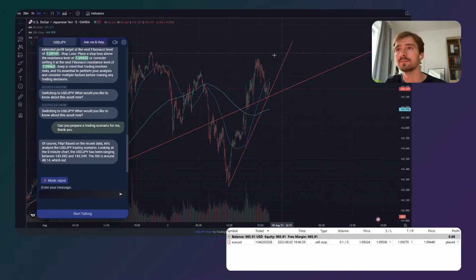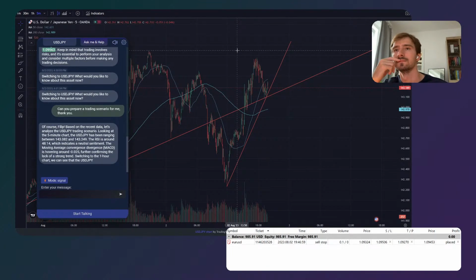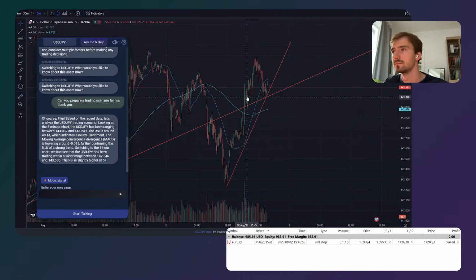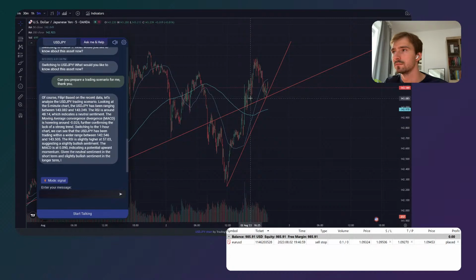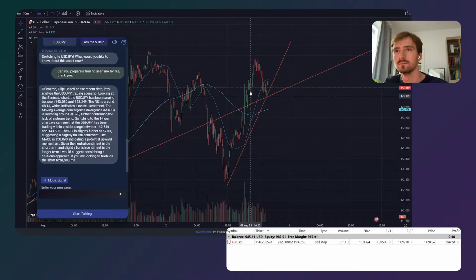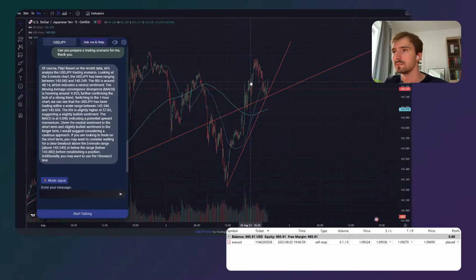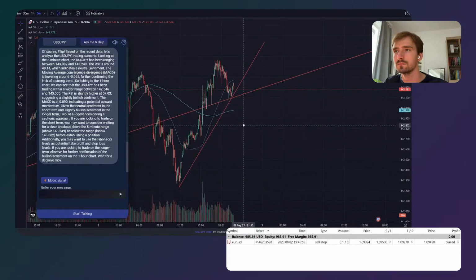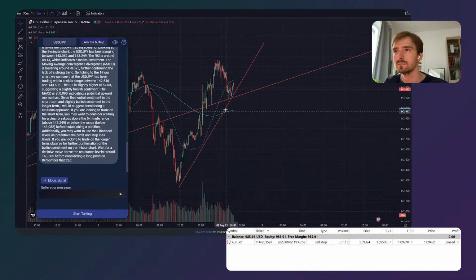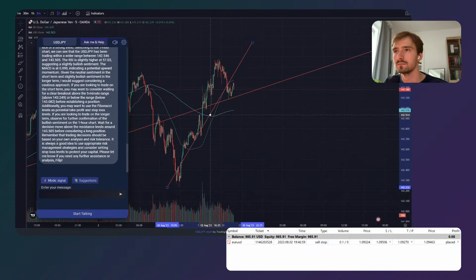Of course, Philip. Based on the recent data, let's analyze the USD JPY trading scenario. Looking at the 5-minute chart, the USD JPY has been ranging between 143.082 and 143.249. The RSI is around 48.14, which indicates a neutral sentiment. The MACD is hovering around -0.025, further confirming the lack of a strong trend.